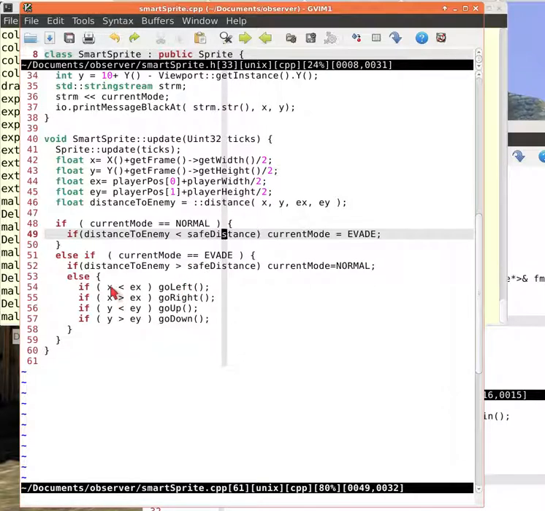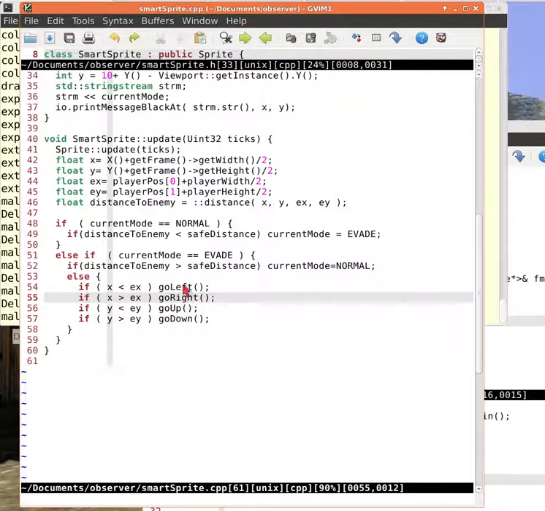So I check. Is my current X to the left of the enemy sprite, the spinning sprite? If I'm to the left, I want to go further left and get far away from this dude. If I am to the right, that's what this is saying. If my X coordinate is bigger than this guy's, so if this guy's at 25 and I'm at 50, that means I want to go right.